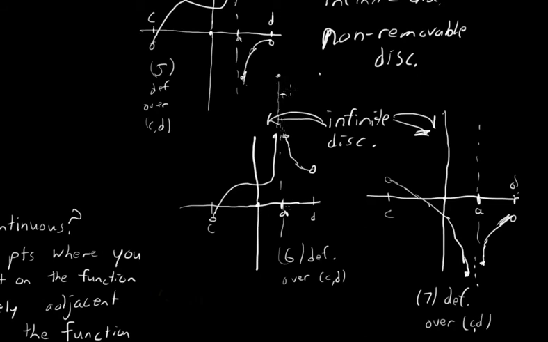So let's say you're at 10 billion here, right at a. Well, just to the left of a, you could be at 10 trillion. And the same is the case just to the right of a. So really, there is no way to redefine the function at x equals a and be able to draw it without lifting your pencil off the paper.